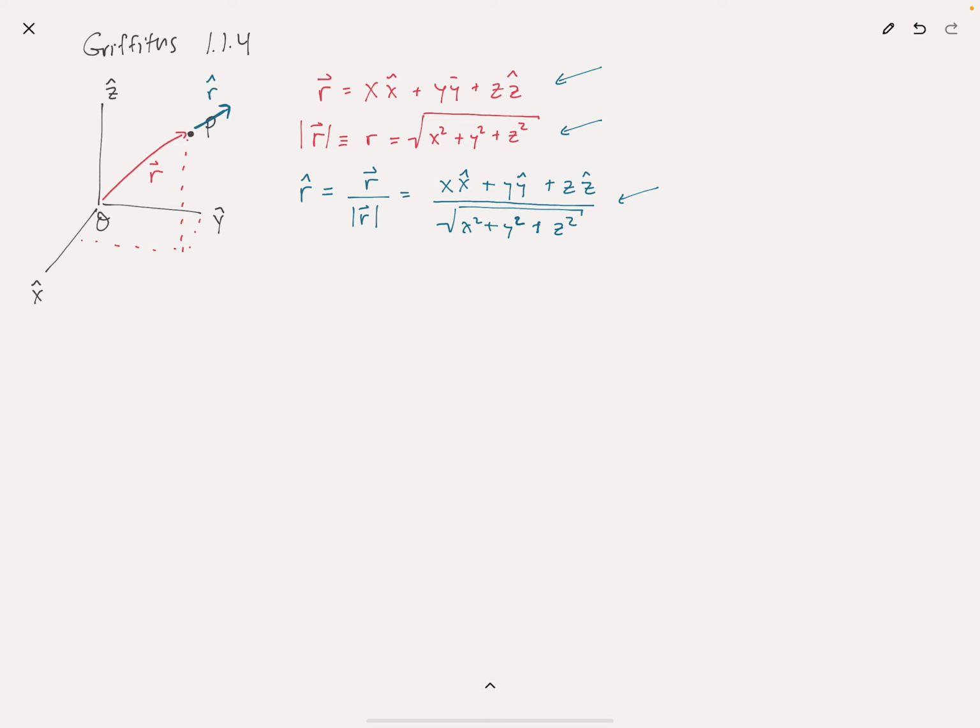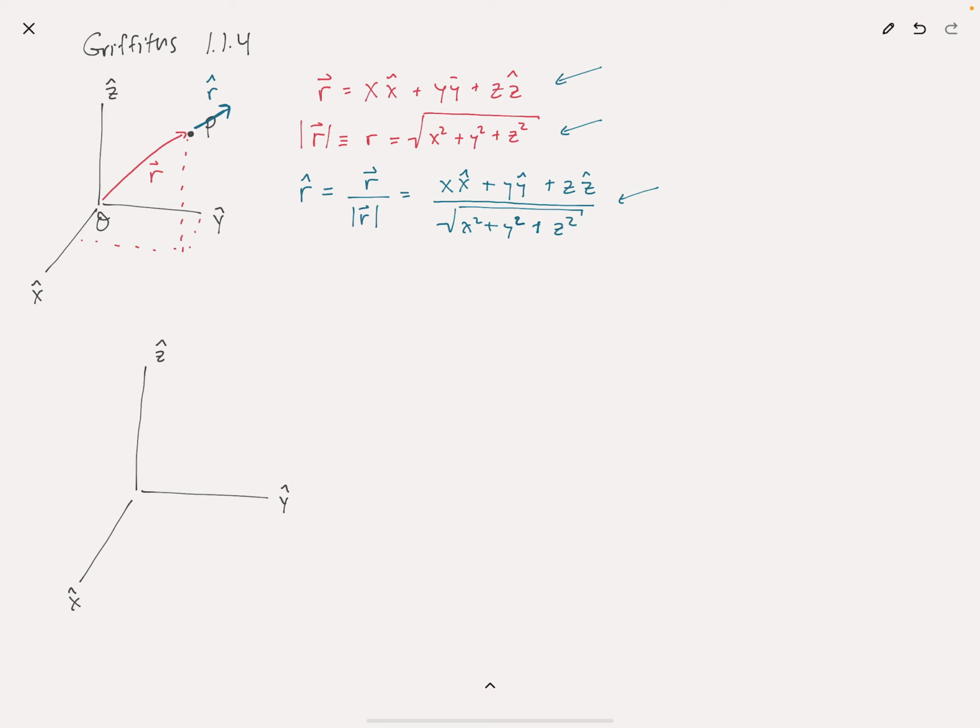In many instances, we're going to need to keep track of multiple vectors within a problem. And it's important that we use the correct notation, otherwise it's going to be very confusing. So in many problems, we will have our coordinate system, let's say x hat, y hat, z hat. I'm just arbitrarily choosing this coordinate system, but that's okay.